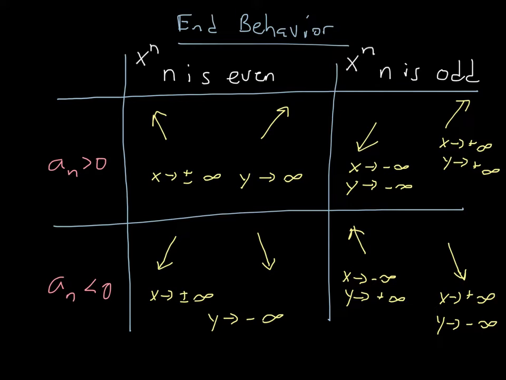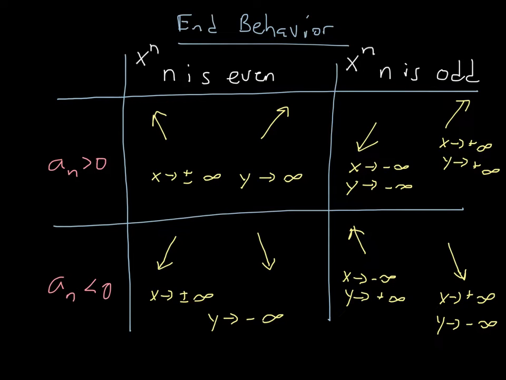Here's a table very similar to what we drew last time. It does add a little bit of information. First, notice across the top in white is what we're looking at when we deal with x to the n, where the exponent n is even and where n is odd.